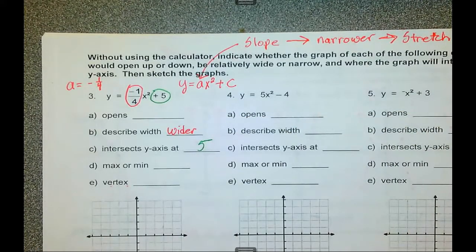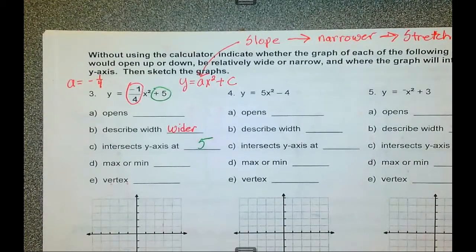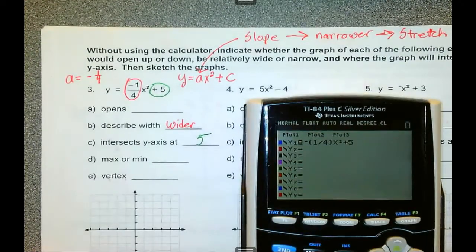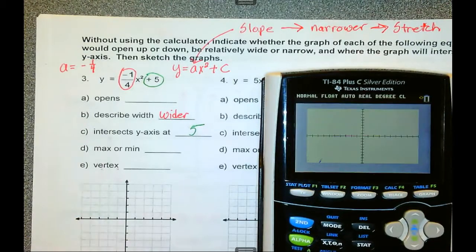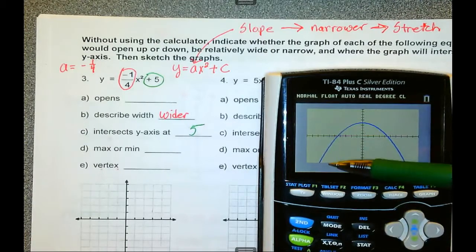And the rest of the stuff we didn't really talk about, but let's go ahead and graph it, and we can describe it from there. Okay, so I got negative 1/4 x squared plus 5. We graph this. We did talk a little bit about the negative sign. What does it do? Remember yesterday?